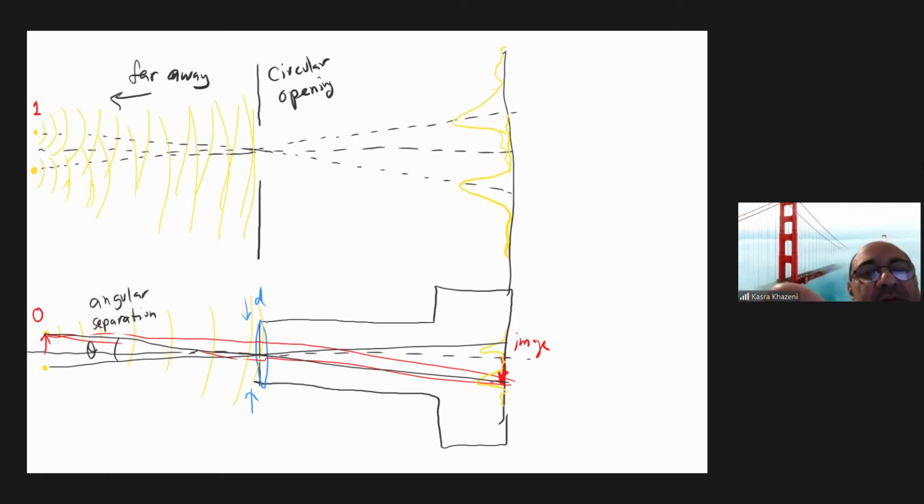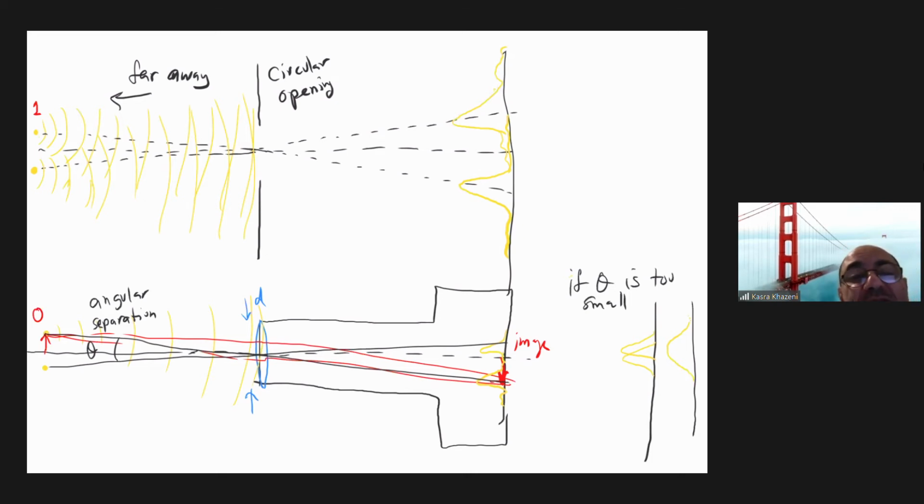Okay? So obviously, if the angle gets too close, if theta is too small, what you see on the film is the diffraction of the first one and the diffraction of the second one. And when you add these two, in reality, you would see a thing like this. And if you see a thing like that, you don't know what you're looking at.